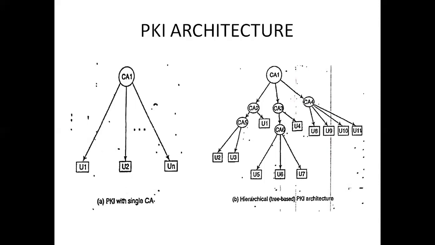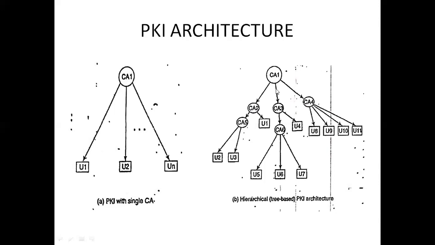The hierarchical tree-based public key infrastructure architecture is going to overcome the scalability problem we had in PKI with a single certification authority. CA1 certifies other CAs, who in turn certify other CAs, and so on. This creates a tree of CAs known as hierarchical PKI. For example, here CA1 will certify CA2, and CA2 will in turn certify CA5.